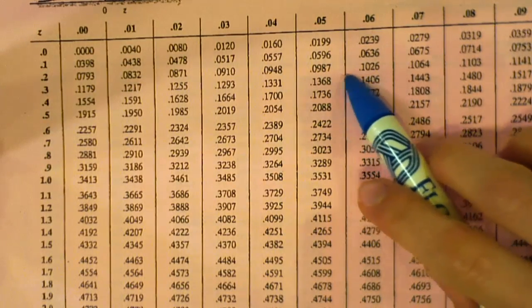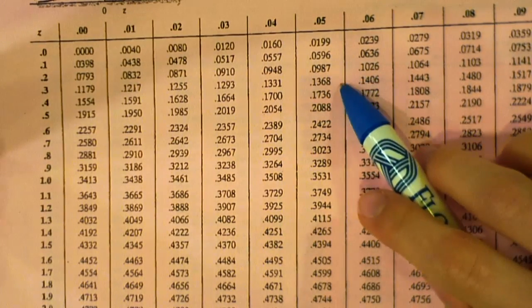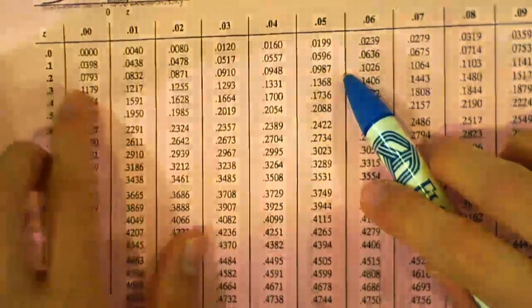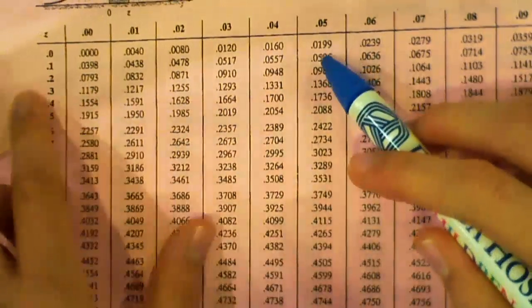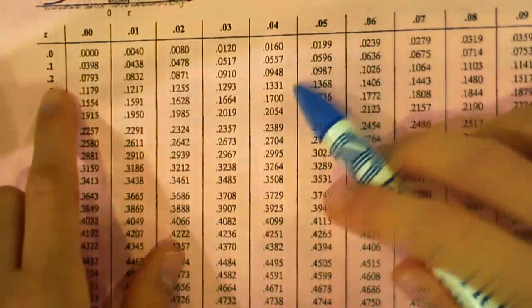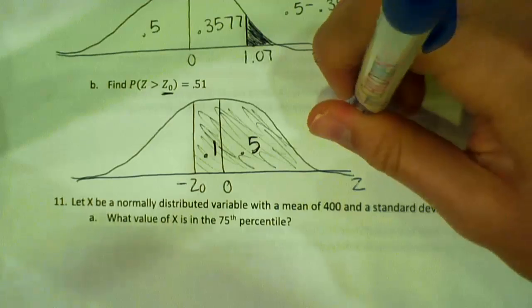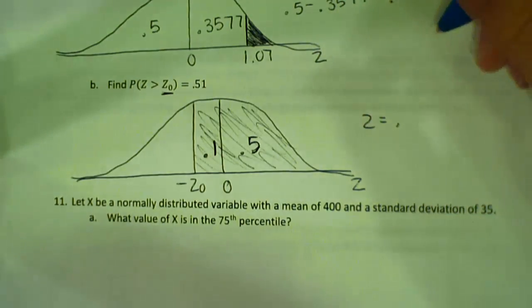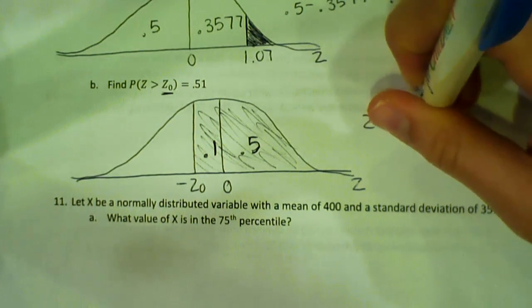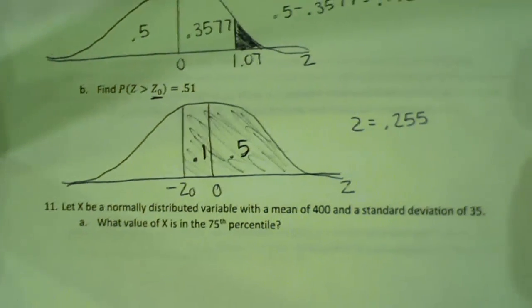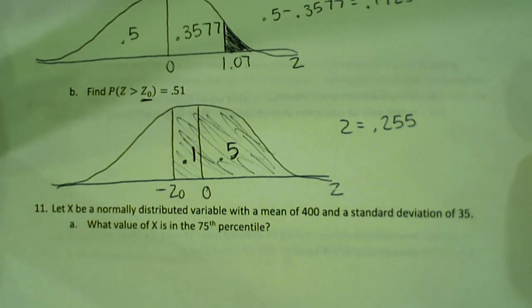It's pretty close. So if you just average 0.25, 0.26, you should find... yes, you're right.